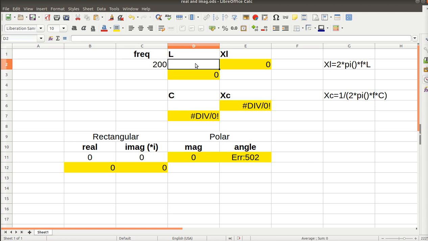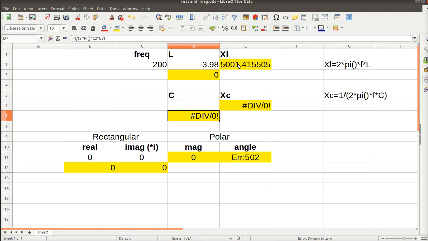So I think my L is 3.98, and so my XL comes out to be 5001. This is the formula that I used. Now on the spreadsheet, the yellow boxes contain formulas, so don't ever type anything into a yellow box because they're formulas. Always type beside it. Okay, if you do that.